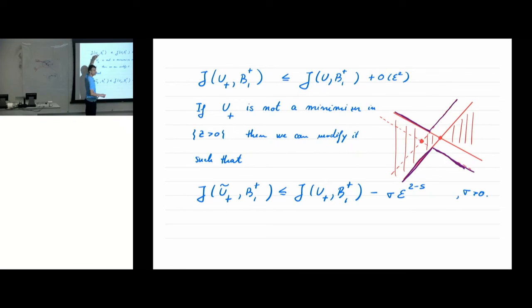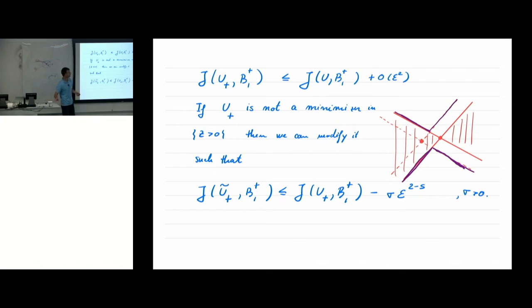If U plus coincides with either U minus epsilon or U epsilon, then I cannot do anything. But if the maximum between these two doesn't coincide with either of them, then I can change it locally, lower the energy, and gain an amount like this. And I would get a contradiction, right?